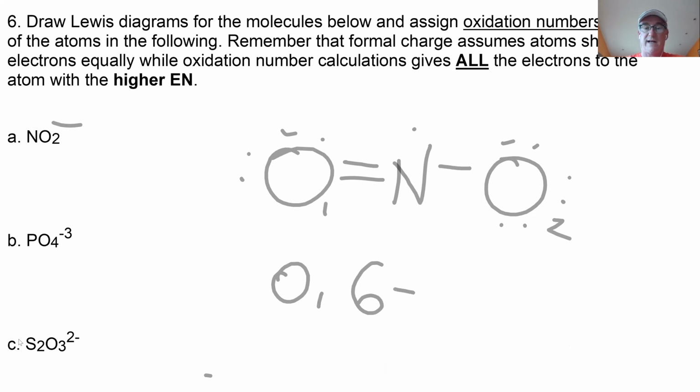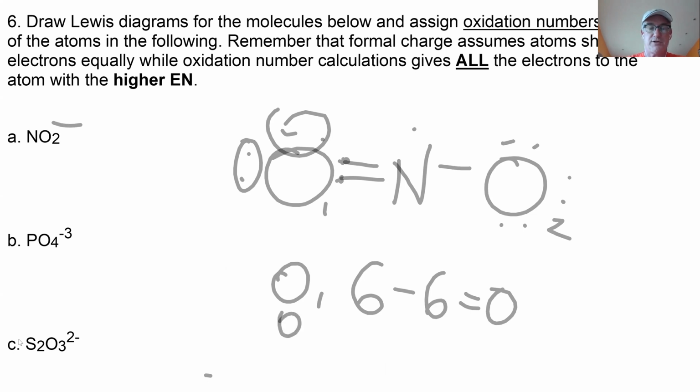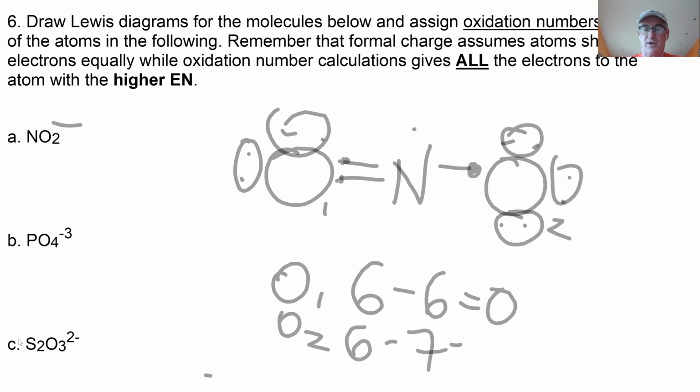It has 6. It's got 2, 4, 5, 6. So its charge is none. What about oxygen 2? It's in the same group, so it should have 6. How many does it actually have? 7. It's got 2, 4, 6, and 1 from this for a total of 7. So its formal charge is -1. Now what about the nitrogen?